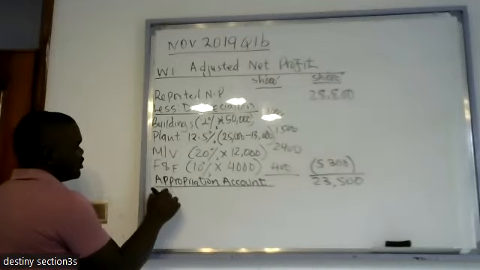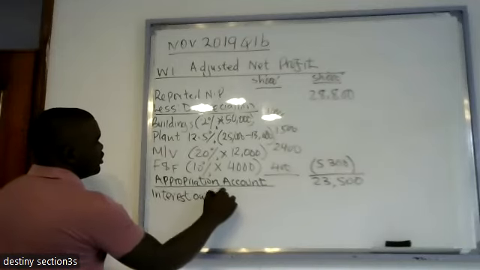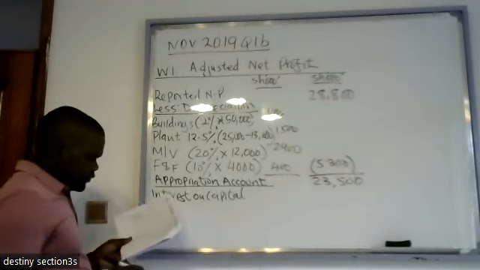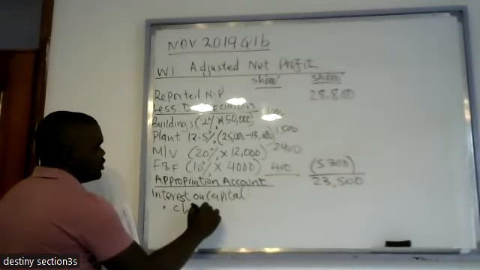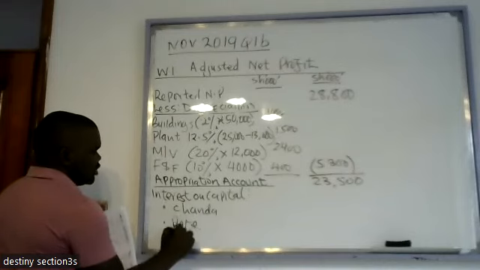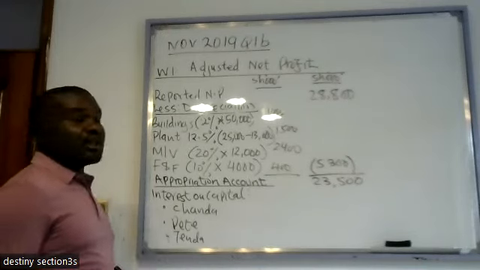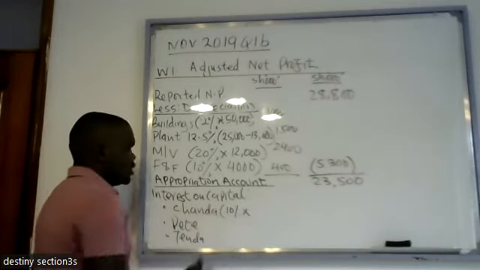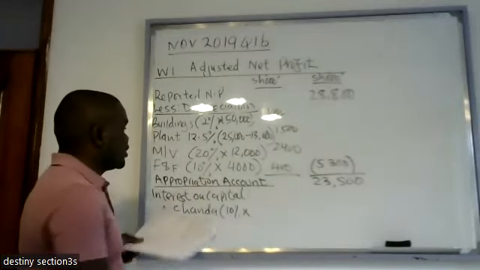So interest on capital. So we have Chanda, Pete, Tena. They were at the rate of 10% on fixed capital. So 10%. Chanda fixed capital was 30.